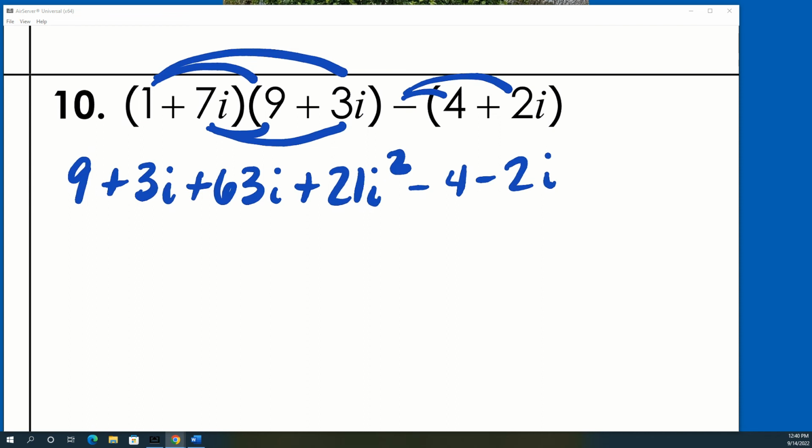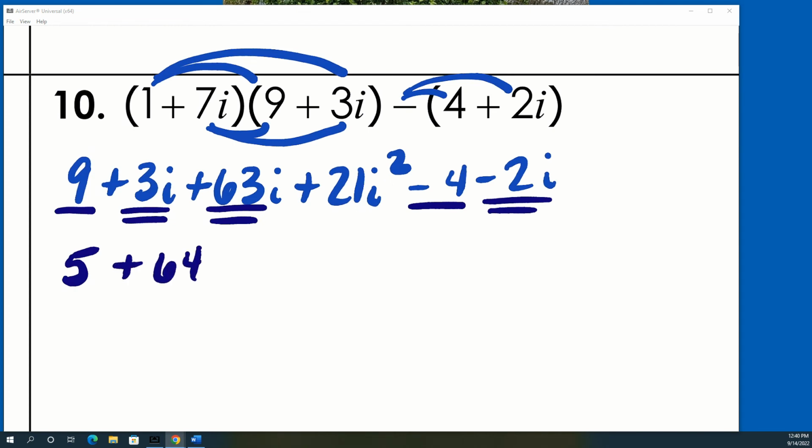Okay. And then I'm going to go ahead and combine my like terms. Now this might be a multi-step problem, but I can do 9 minus 4 is going to be 5. And then 3i plus 63i minus 2i is going to be 64i.